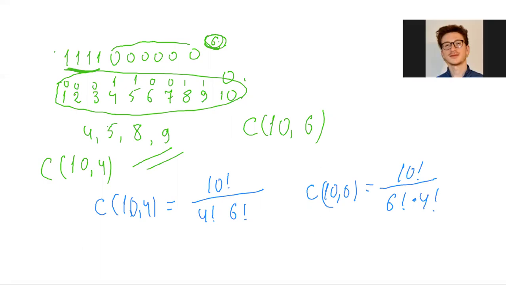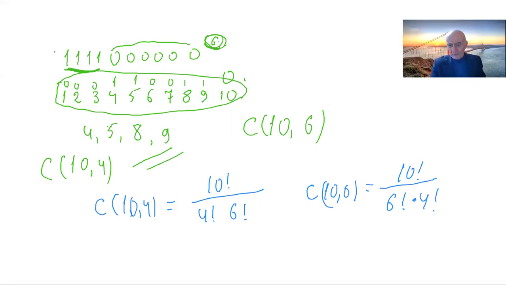N factorial times n factorial. I think it's a good idea. I'm not sure it's correct or not. Let's discuss it. But so Georgi's idea is that it's n factorial times n factorial.